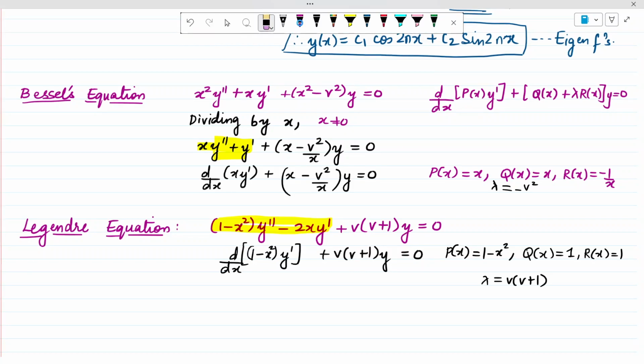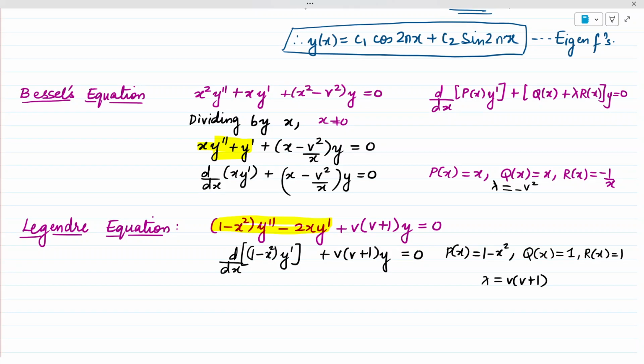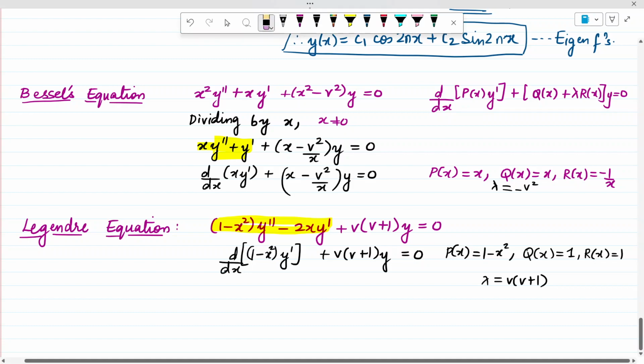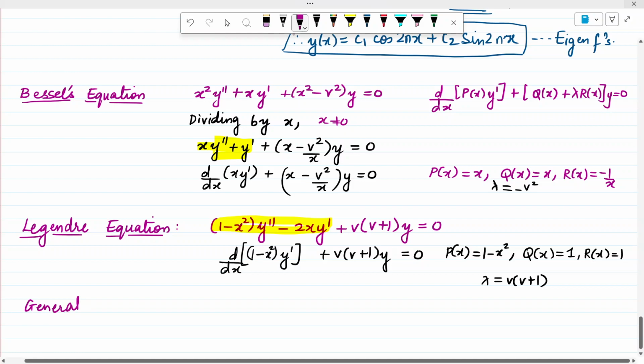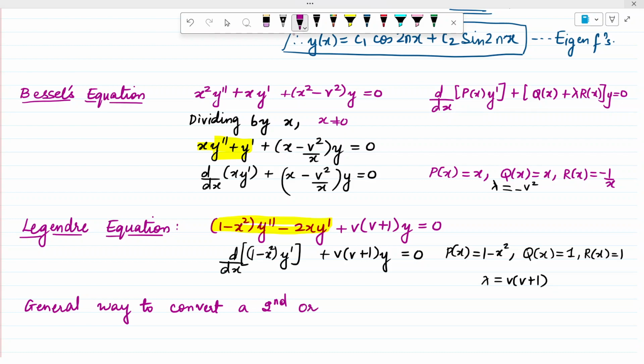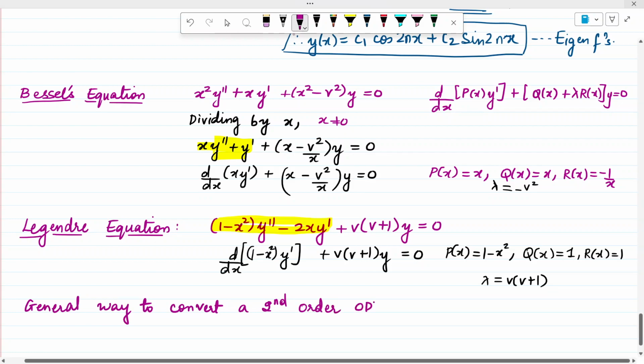We will now understand the standard method of converting any second order differential equation into a Sturm Liouville problem. So, the general method to convert any second order ODE into a Sturm Liouville problem.